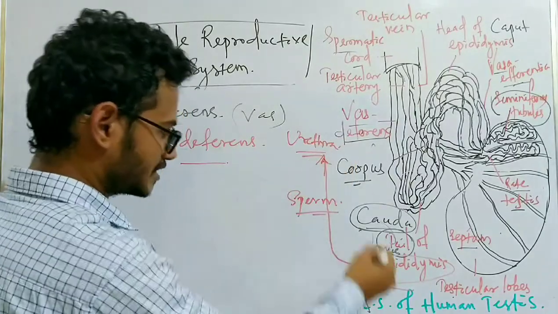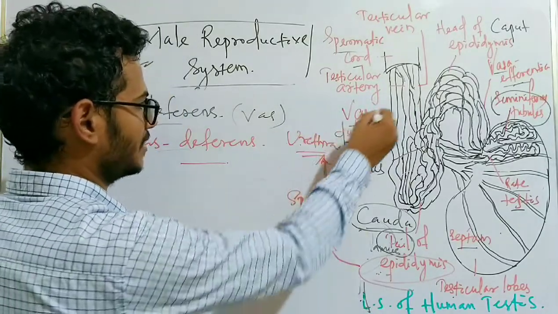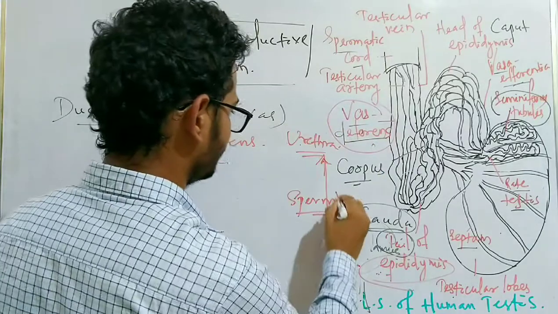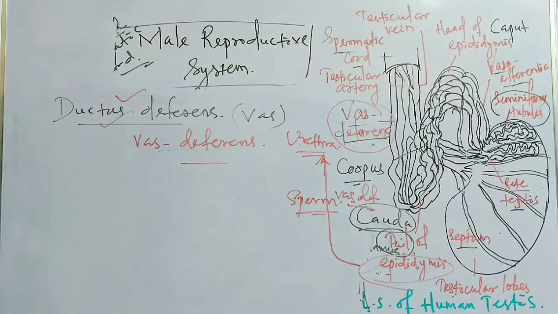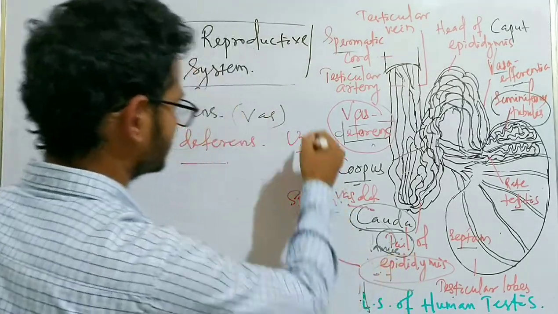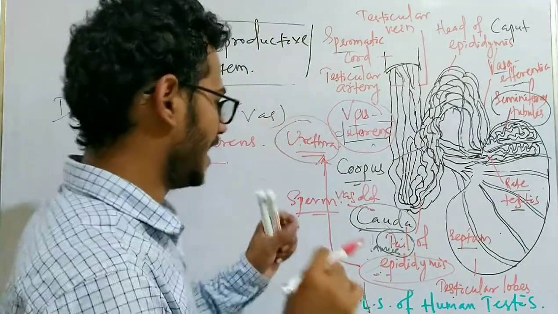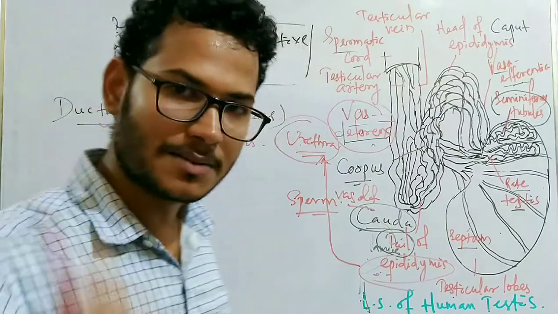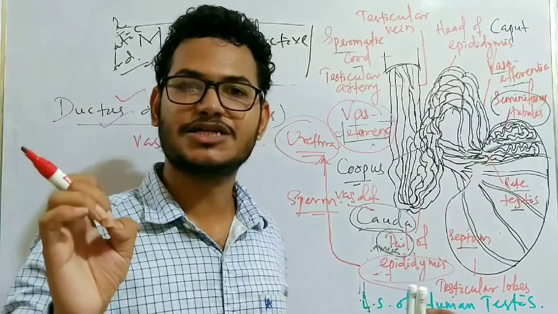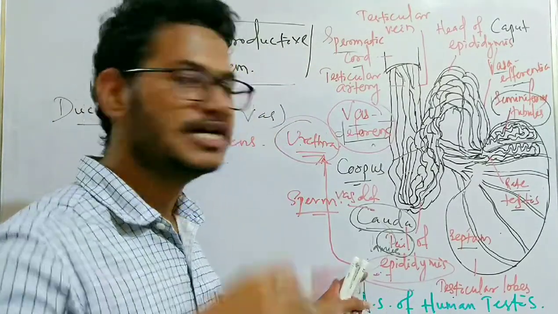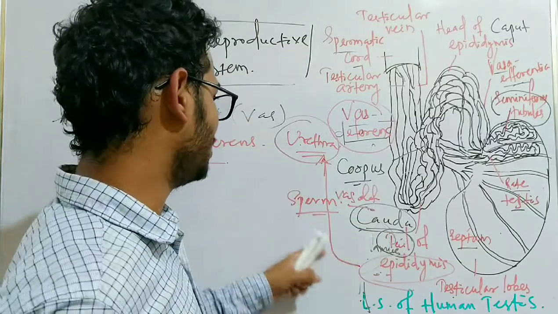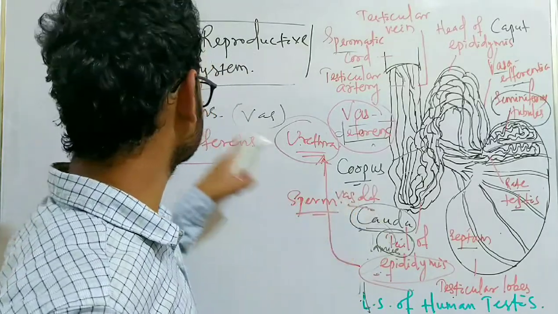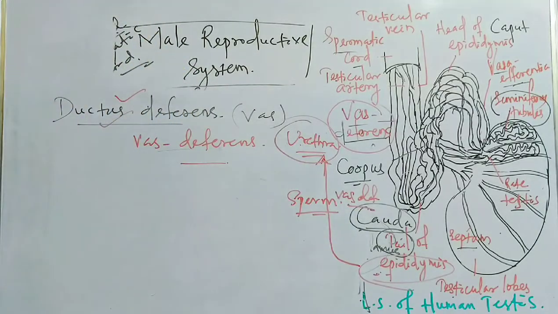So the vas deferens or ductus deferens is the connection between the epididymis and urethra, and as we know, the mature and motile sperm is stored in the epididymis. During sexual intercourse, the sperm will come out through this vas deferens to the urethra and be ejected out.